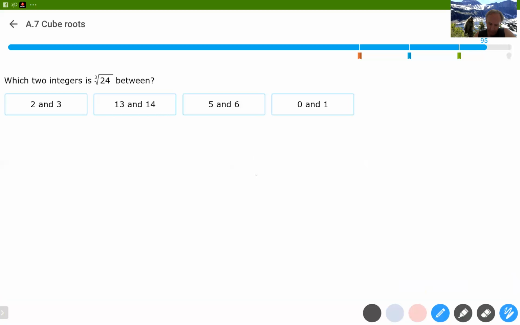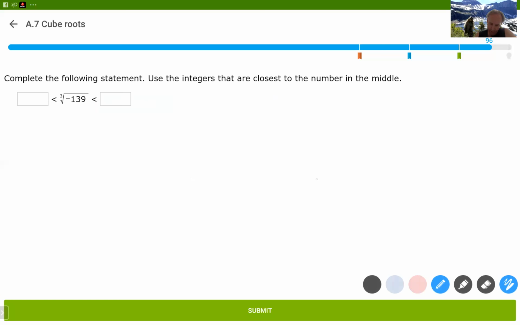Cube root of 24. 27 is 3. And the cube root of 8 is 2. So we're between 2 and 3. Negative 139. So we're looking at the cube root of negative 125 and the cube root of negative 216. So we're between negative 6 and negative 5.